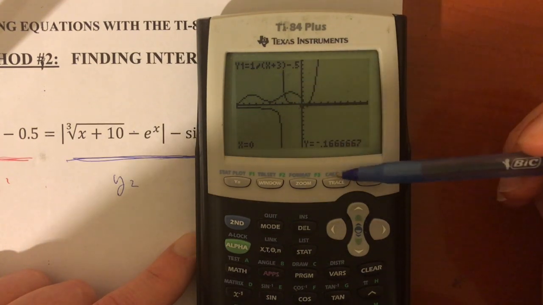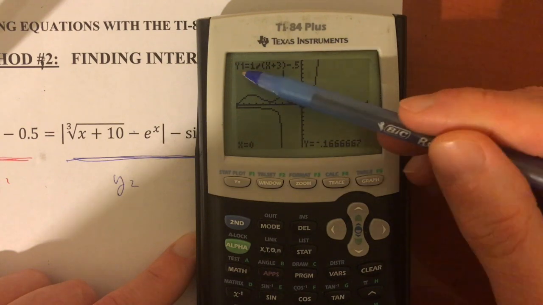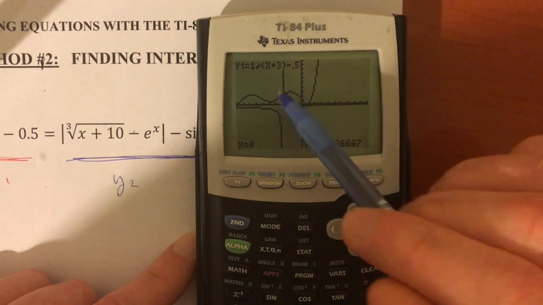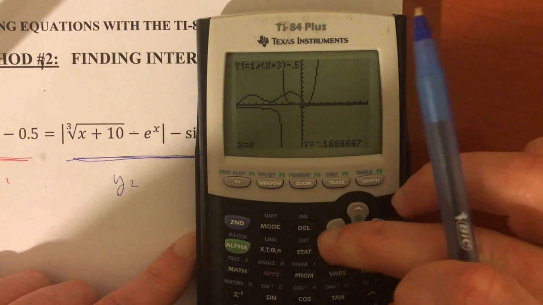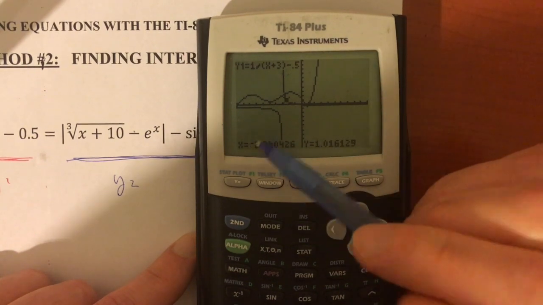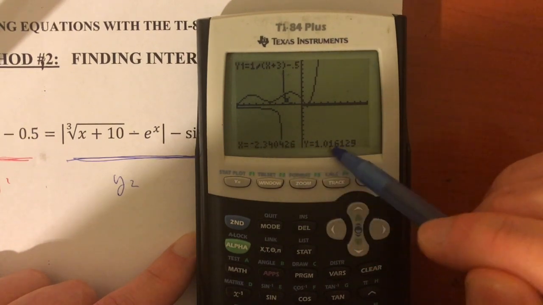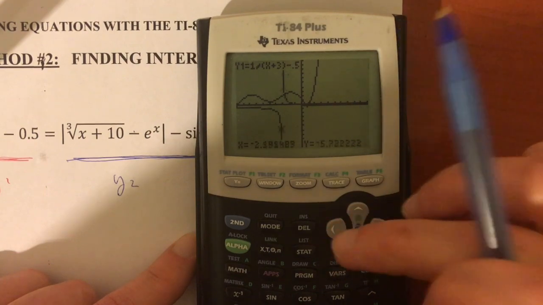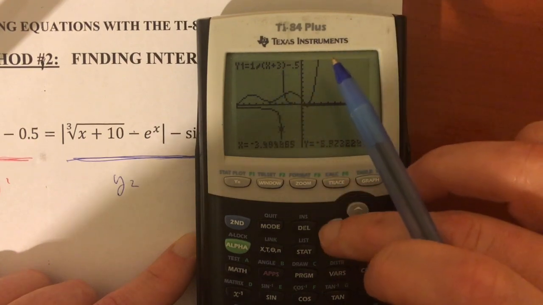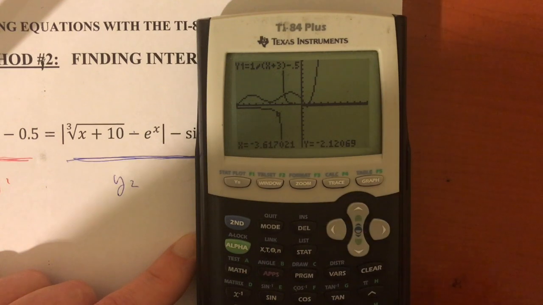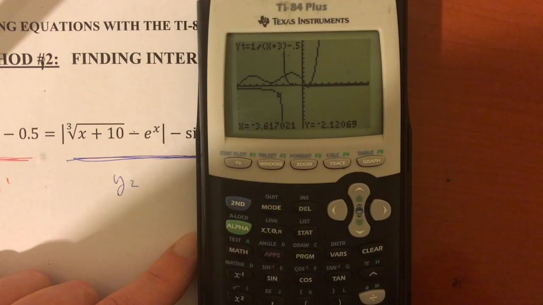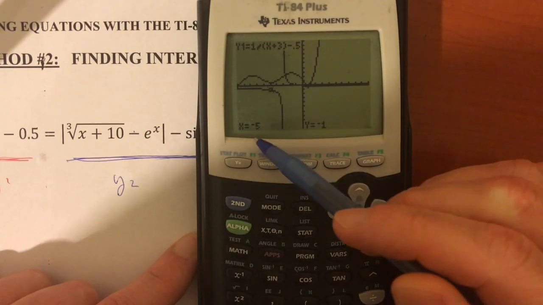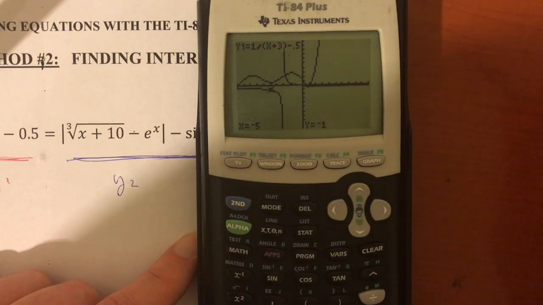You bring up the trace and it tells you what graph you're on. I'm on the first graph, Y1, and as you push left to right, it tells you the x and y values that correspond to that function. You can also tell it where to go. If you want x to be -5, just type -5, and it'll go there. On this graph, when x is -5, y is -1.